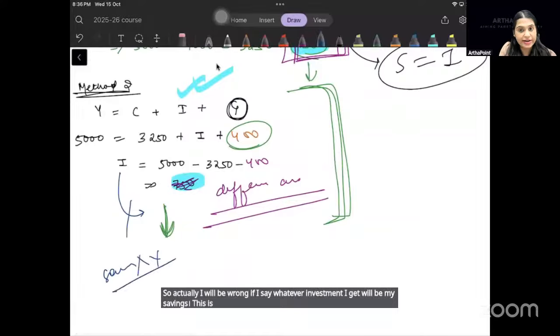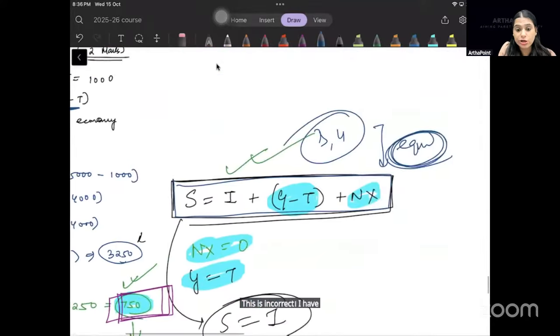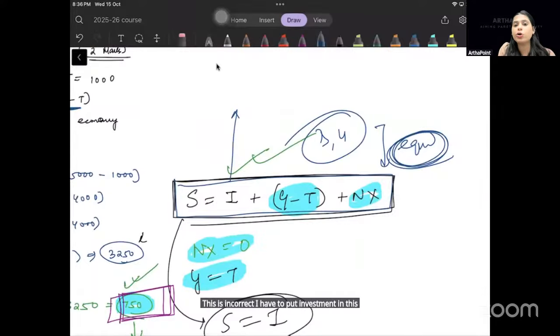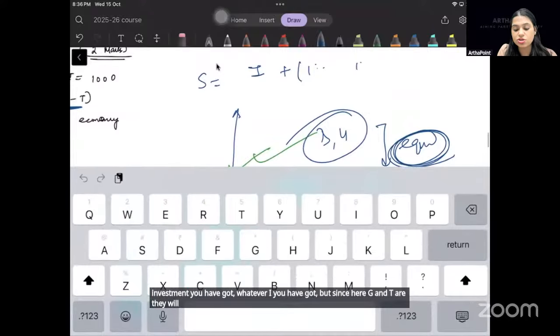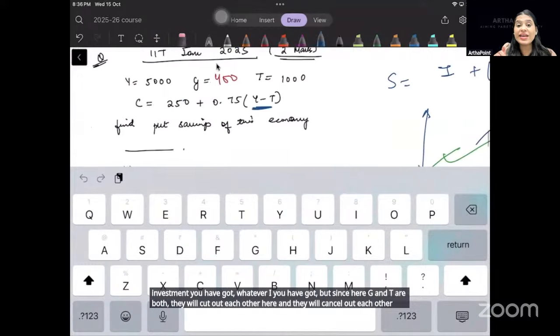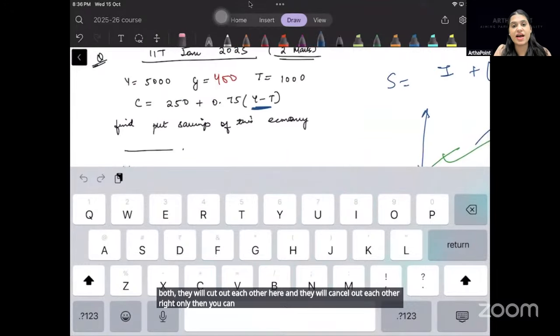This is incorrect. I have to put investment in this formula to get my savings. Please understand. So my savings will be investment. But since here G and T are both 1000, they will cut out each other. So just put 1000 here and 1000 here. They will cancel out each other. Right? Only then you can say S and I are equal.